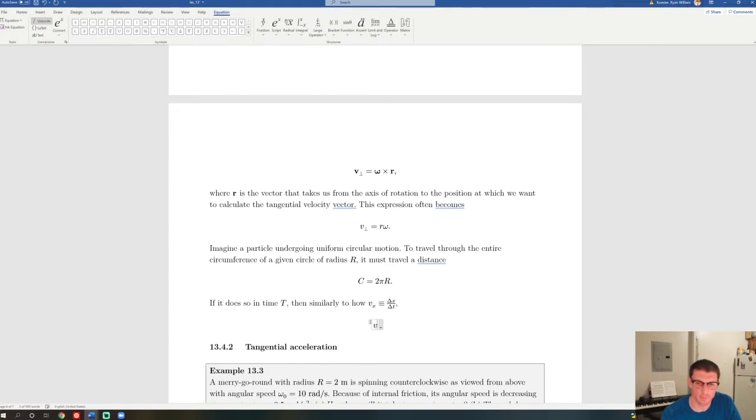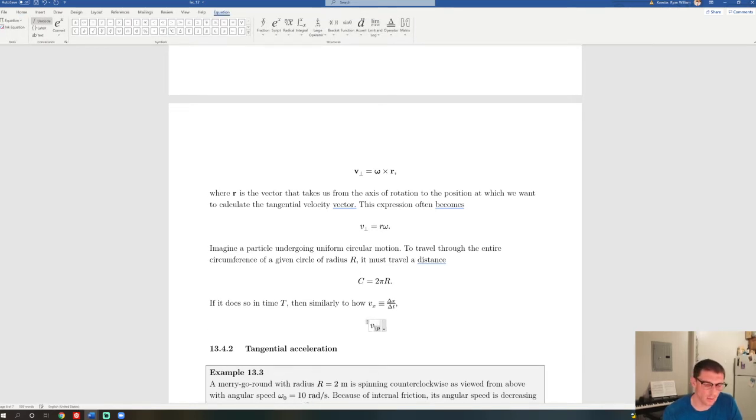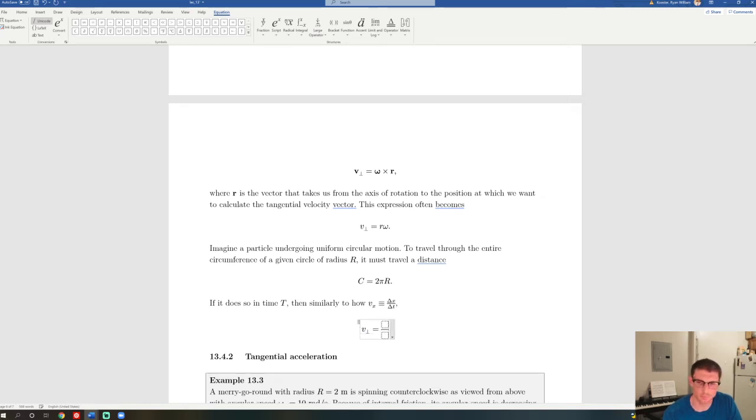We can write something like this. We can write that the perpendicular speed is given by the distance the particle must travel divided by the amount of time it takes. But remember that we can rewrite this v sub perpendicular as just r omega, okay?